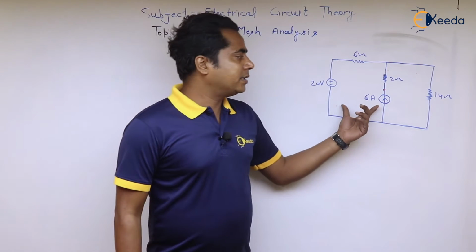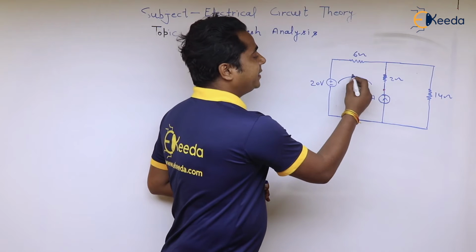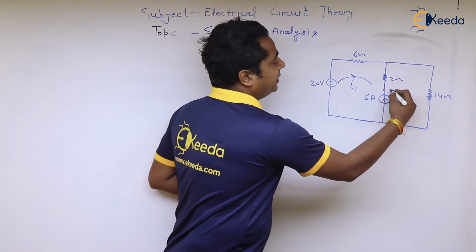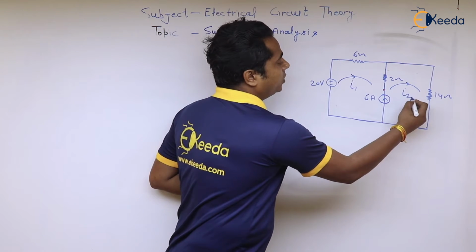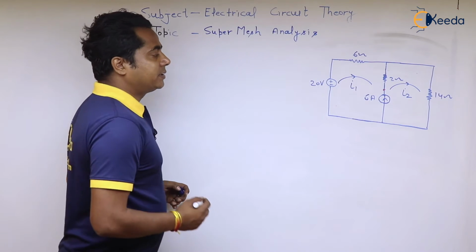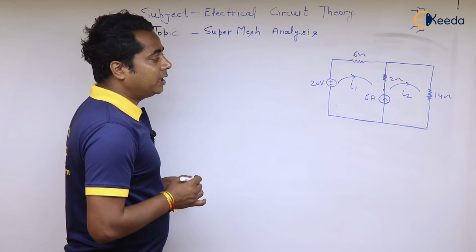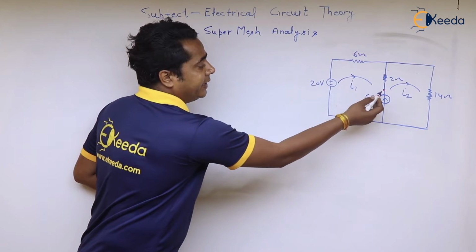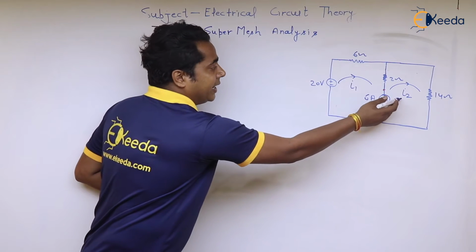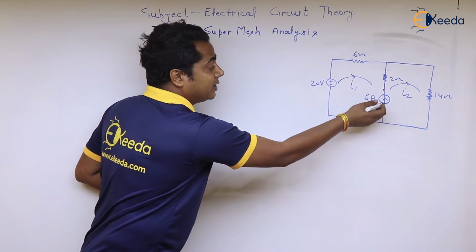In example number 1, we have to calculate the values of I1 and I2 through super mesh analysis. First we will write the necessary equation. Here I1 is directed downwards and I2 is directed upwards, and the current source direction is upward.